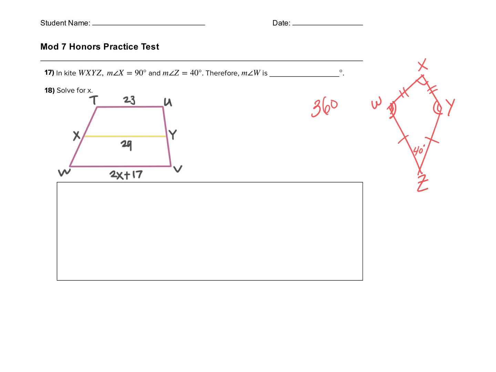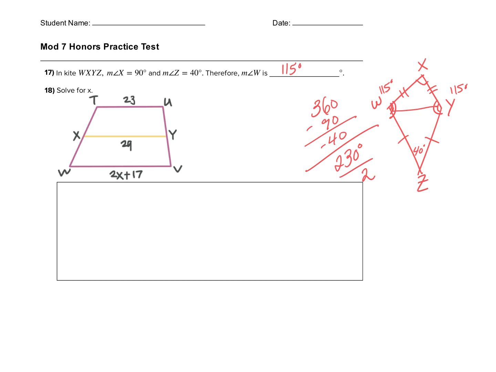So when I do 360 minus the 90 degrees for angle X and minus the 40 degrees for angle Z, that leaves me with a total of 230 degrees remaining. And because W and Y are congruent, I can divide 230 by 2, and that is 115 degrees each. So that is the measure of angle W.